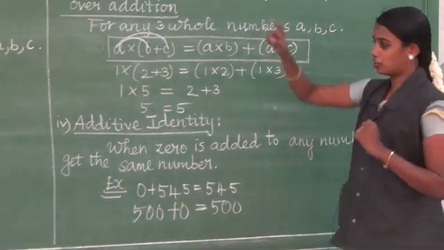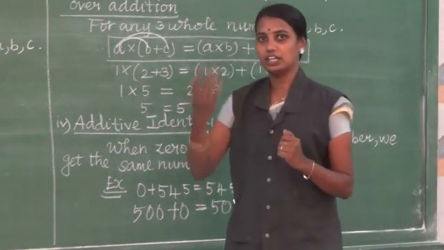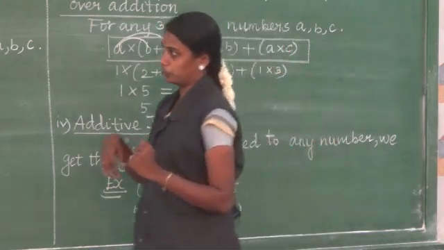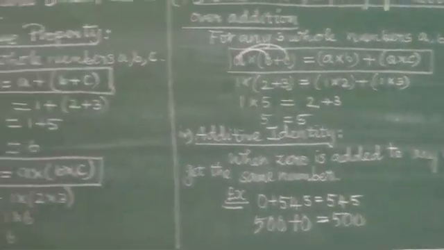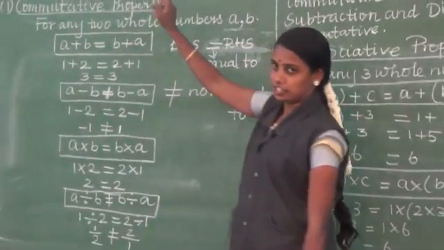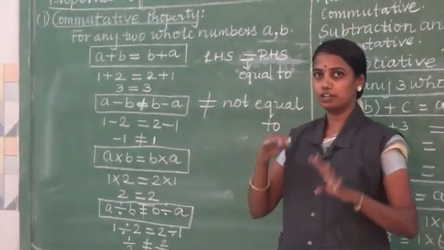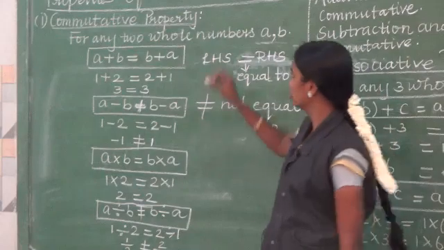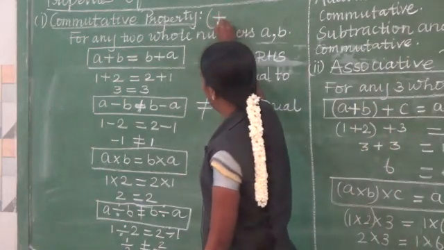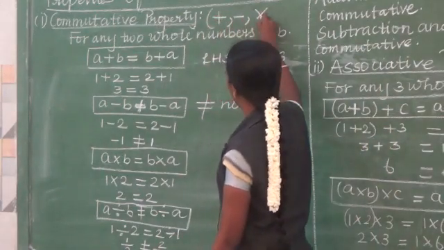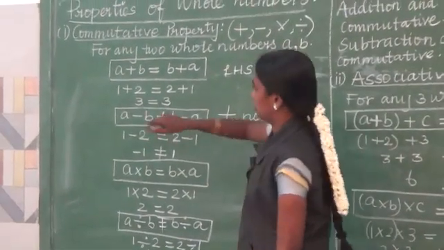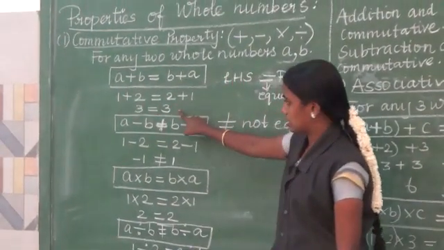Once again, I will recall the properties, then afterwards we can go for the next property. First property is the commutative property. What is that? For every property we will use the 4 operations: addition, subtraction, multiplication, division. For addition, it's satisfied.